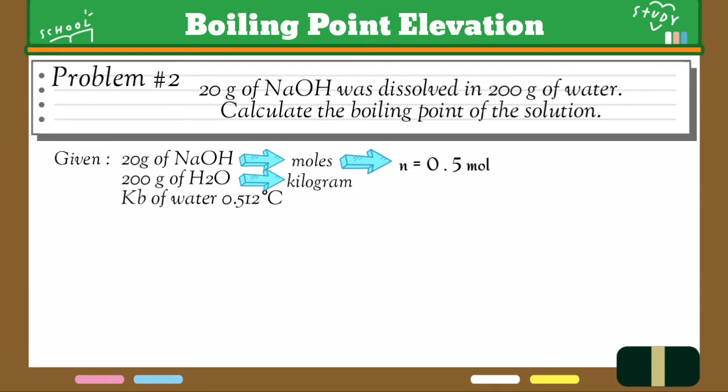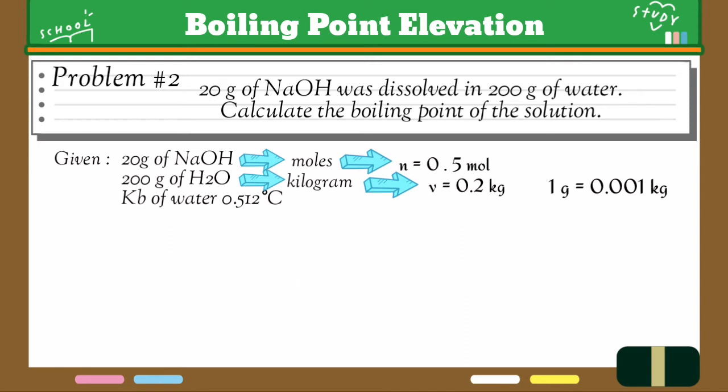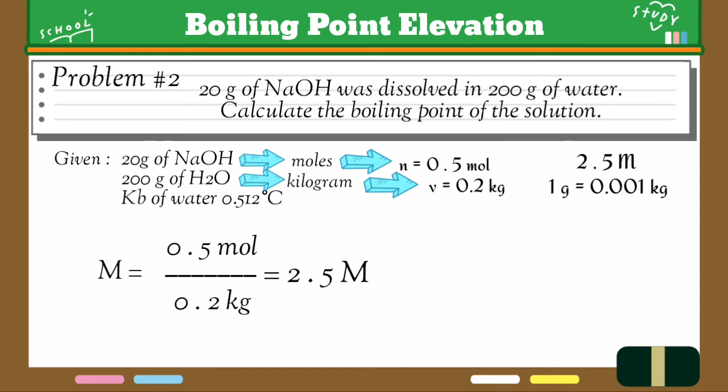Simply divide by 1000 again, since 1 gram is equal to 0.001 kilogram. 200 divided by 1000 is 0.2 kilogram. Now that we have the appropriate values, let's divide again. 0.5 moles divided by 0.2 kilogram is equal to 2.5 molality.